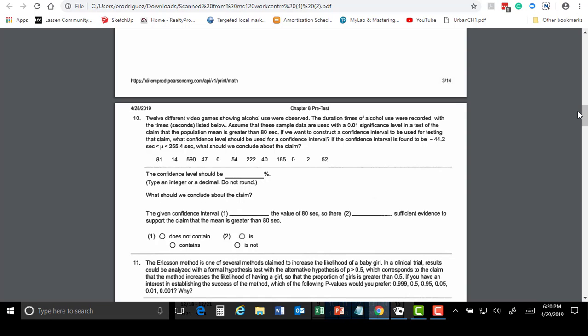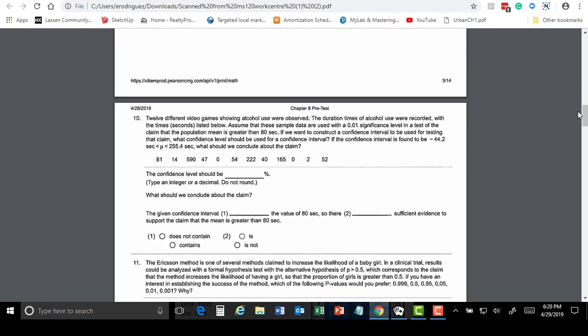So 12 different video games showing alcohol use was observed. The duration time of alcohol use were recorded with times in seconds listed below. Assume that these sample data, here's your significance level. That is alpha. Is a test of the claim that the population mean, so we're talking about, right, the mean, greater than 80 seconds.